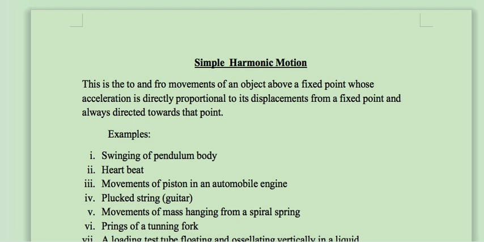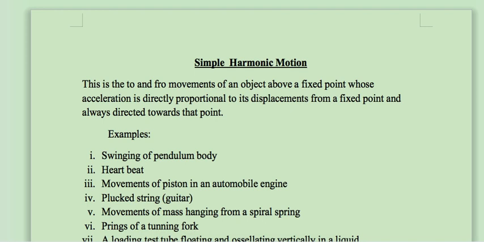What do we mean here? An example of a body performing simple harmonic motion is a simple pendulum. When you tie a wire to a bulb and attach it to a wall, at that moment the wire and the bulb are at equilibrium position. But if there is a slight displacement, the body will move up, then come back.